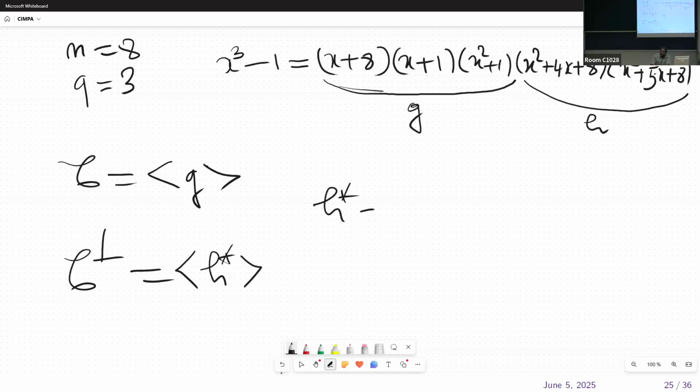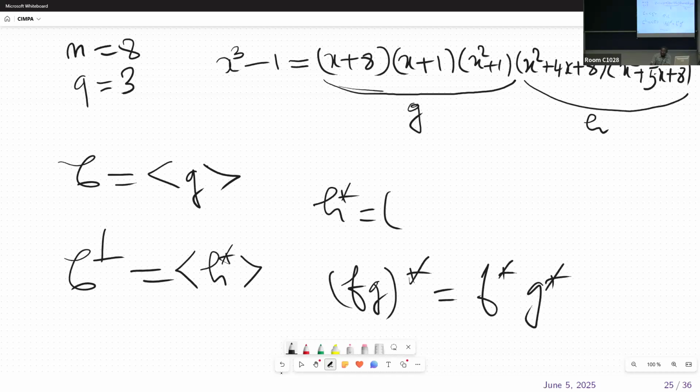Reciprocal polynomial. You have this property. Using this here, you get 8x squared plus 4x plus 1, 8x squared plus 5x plus 1.